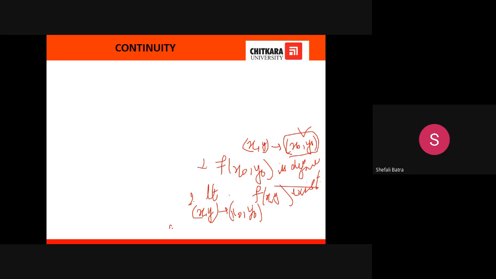Right? And third, both should be the same. The limit as (x, y) approaches (x naught, y naught) of f of x comma y, the value of the limit that has come, must be equal to the value of that function at that point.